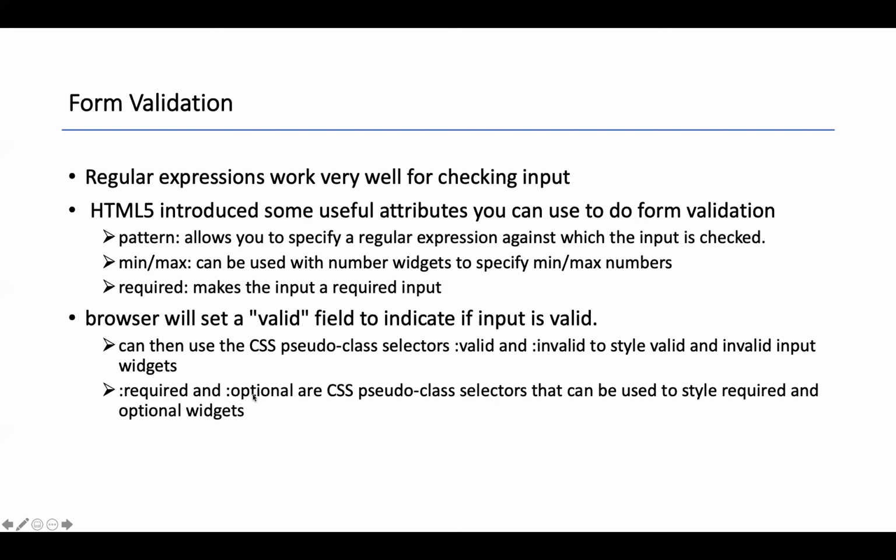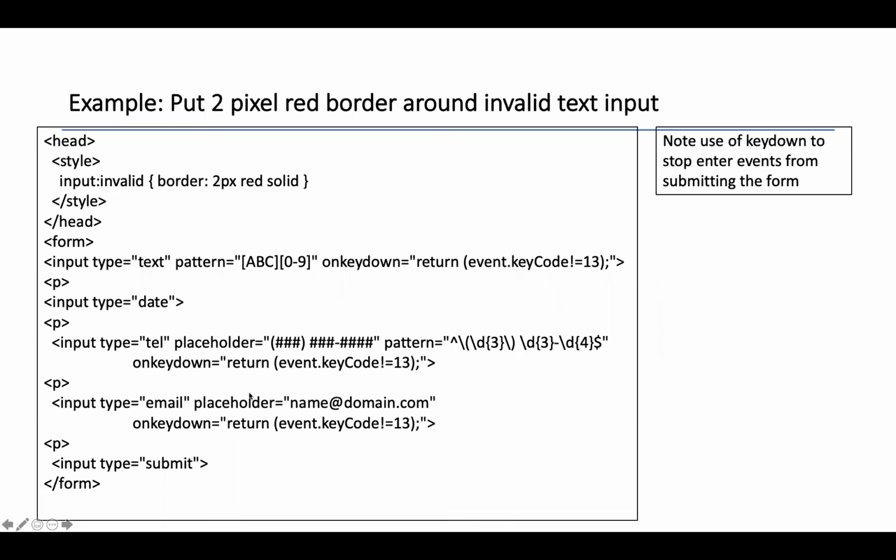So you can indicate to a user, I'm sure you've seen forms where there's some visual cue that certain form elements are required and certain other ones are optional, and they're basically styling them using these two pseudo classes. Okay, so let's show you another example where we put a 2-pixel red border around invalid text input.